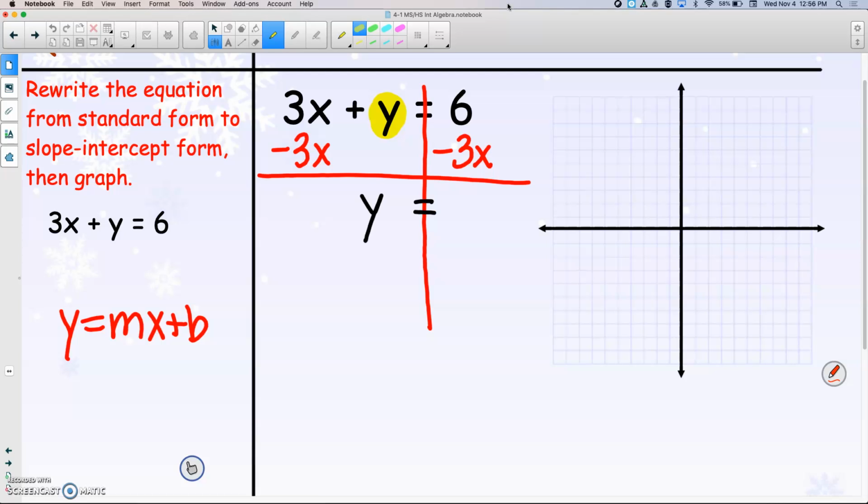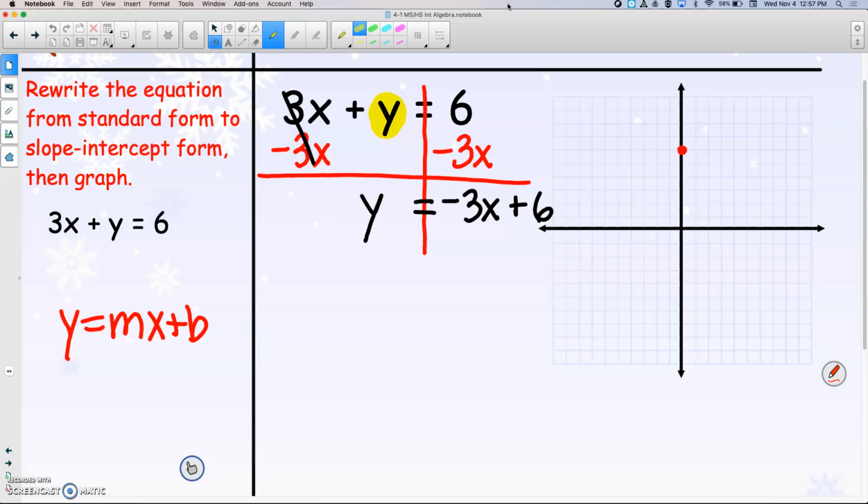So y equals -3x plus 6. Look at the order that I wrote those in. So to get y by itself, subtract the 3x to cancel it out. But then the order is super picky because you want it in slope-intercept form. So don't write 6 minus 3x. And remember, those aren't like terms, so you can't actually combine them.